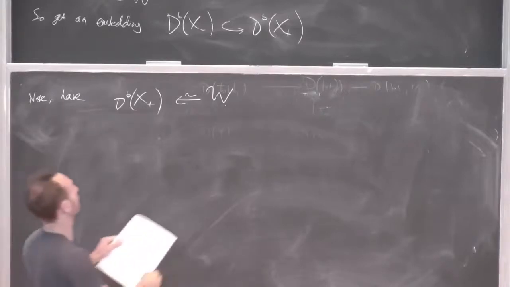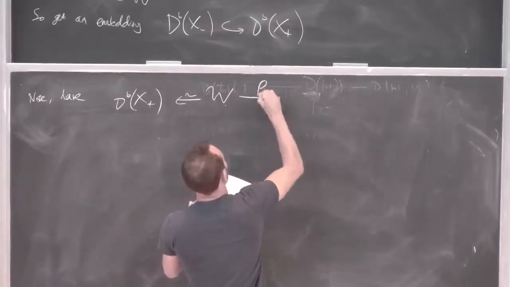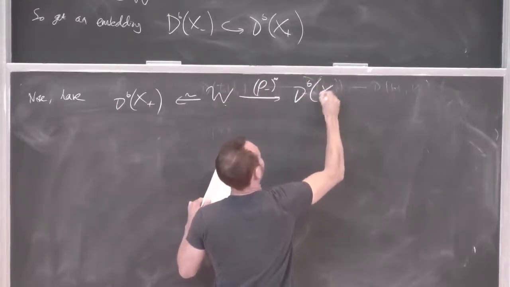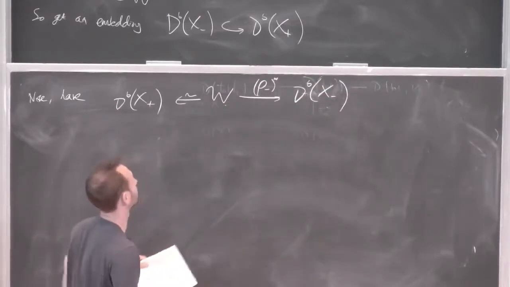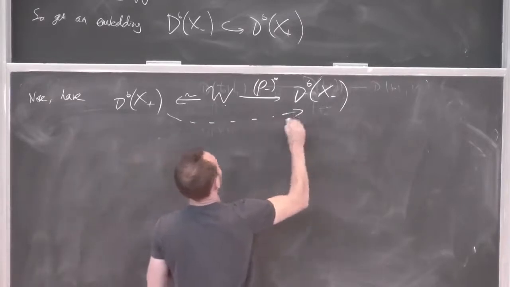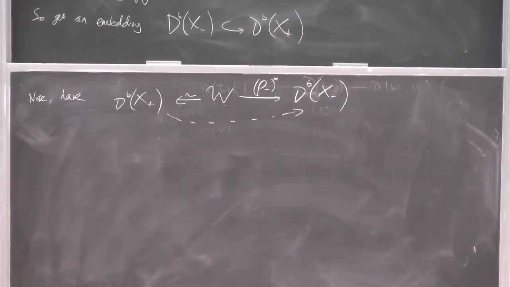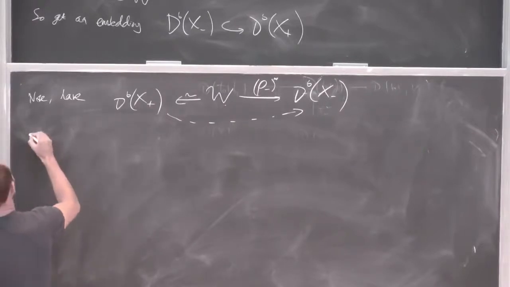It is still a functor, right? So I have this functor restricting from W down to the derived category of x minus. Right? So I have a functor that goes from there to there by using the bigger window. And exercise, that thing is the adjoint to the thing on the upper board. Okay?